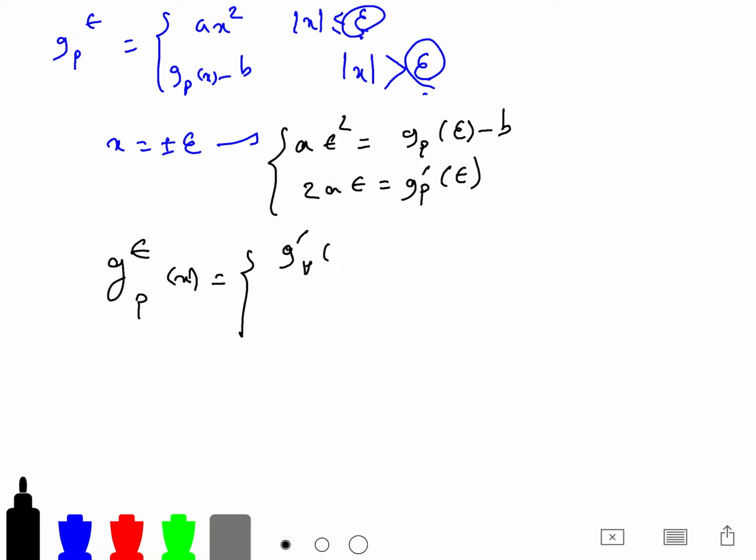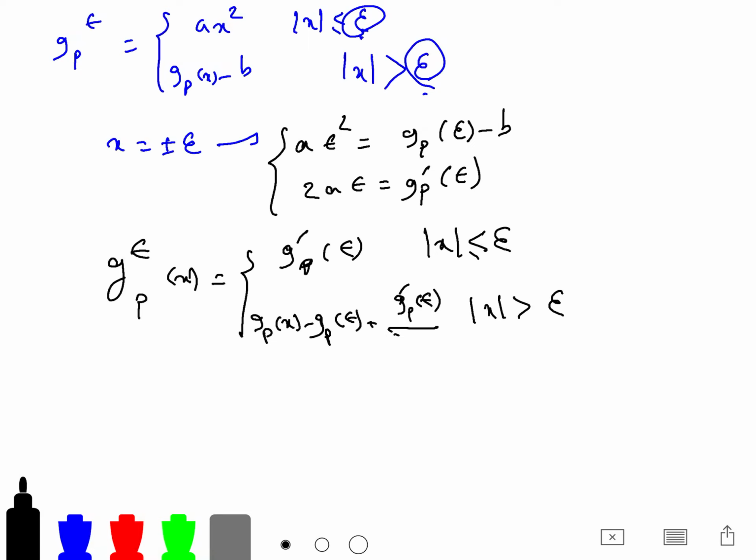So we can say that in the epsilon neighborhood, it should satisfy this. And if it is not in the epsilon neighborhood, this is proper because there is no problem with differentiability at the epsilon point. And it is good.